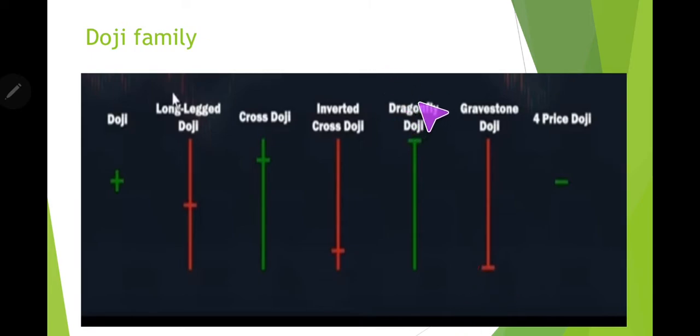In the case of a dragonfly Doji, there's a long lower shadow, a small body, and no or very small upper shadow. And the inverted cross Doji has a long upper shadow, a small candle body, and a small or no lower shadow, etc. So these are the indecision candles. They simply mean that there's no clear winner between the bulls and the bears.